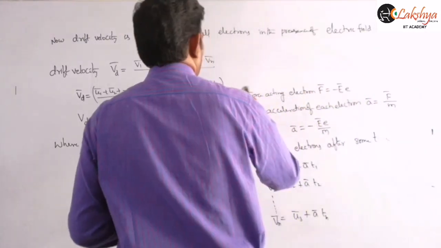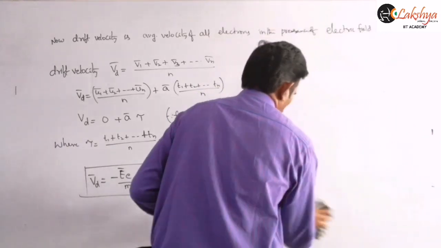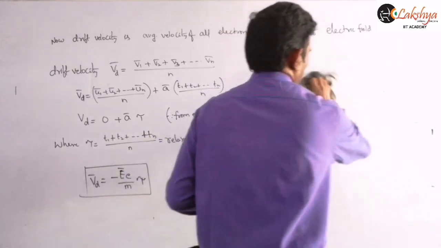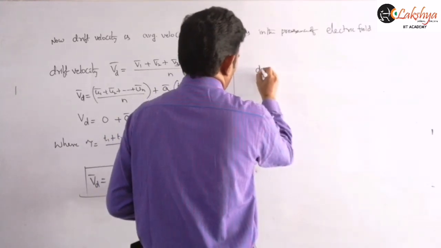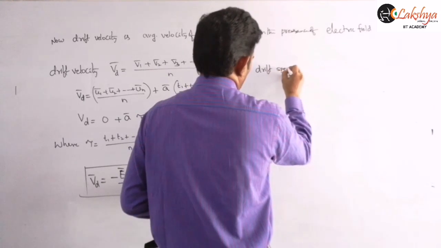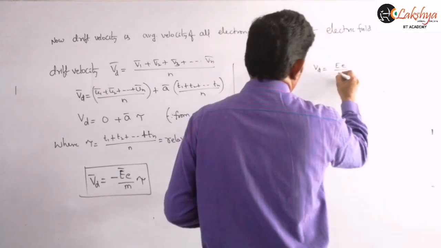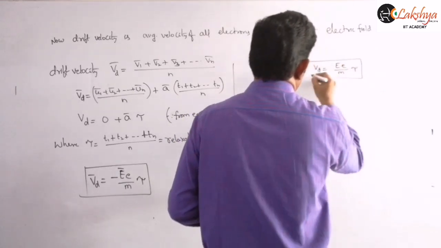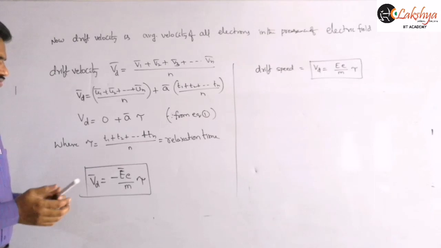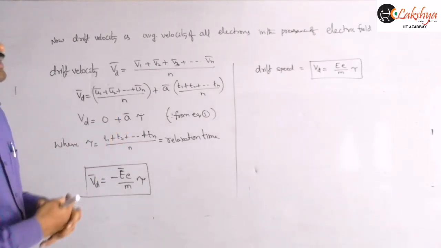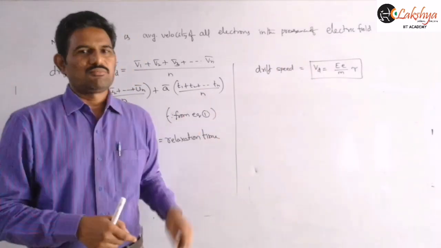So you can write this as drift speed, I can write this expression as, therefore, drift speed is equal to Vd is equal to eE by m into tau. Now this is speed, drift speed. So this is a velocity, that negative sign is also there because these two are opposite to each other. And so now in terms of magnitude we can write simply that drift speed as eE by m into tau.